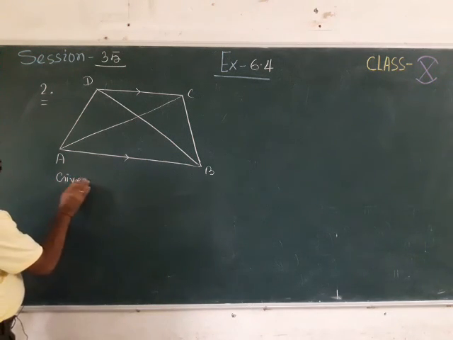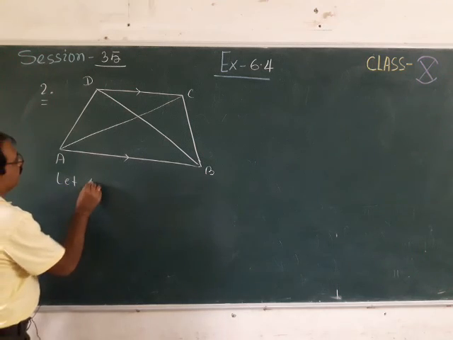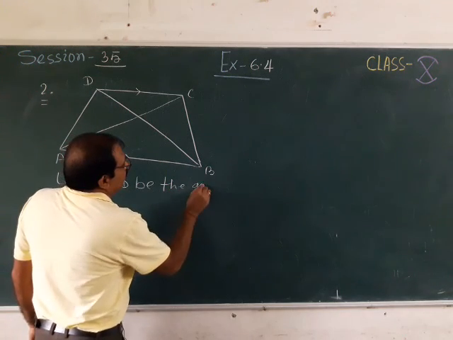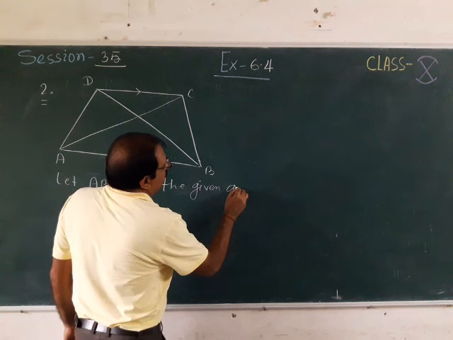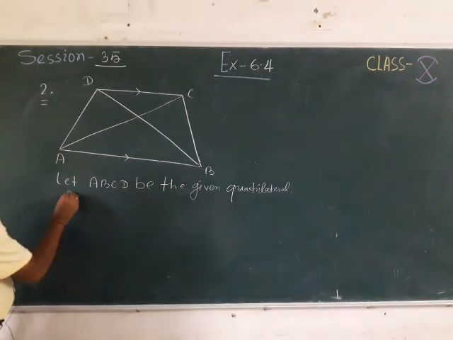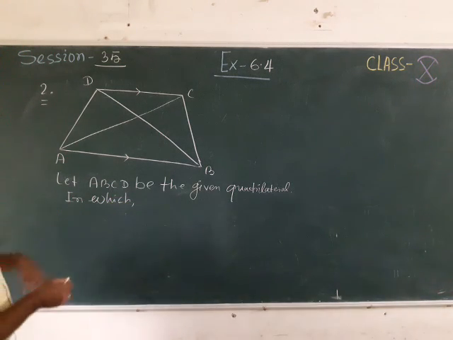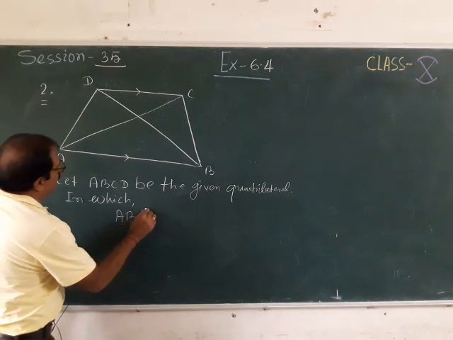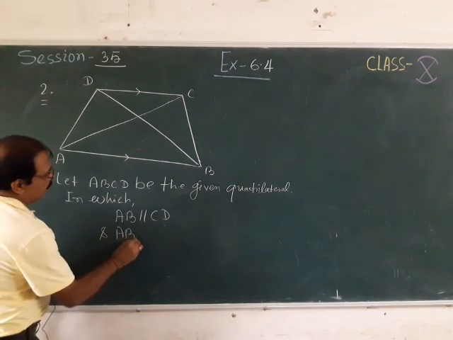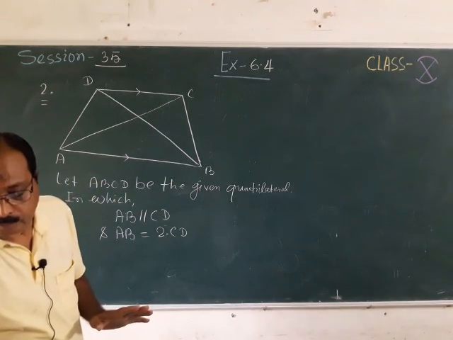First of all, you need to write: let ABCD be the given quadrilateral, in which it is given that AB is parallel to CD, and it is also given that the length of AB is equal to twice the length of CD. You can write the statement in your own words, as per your own understanding.